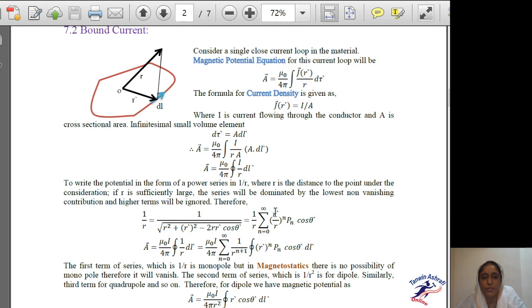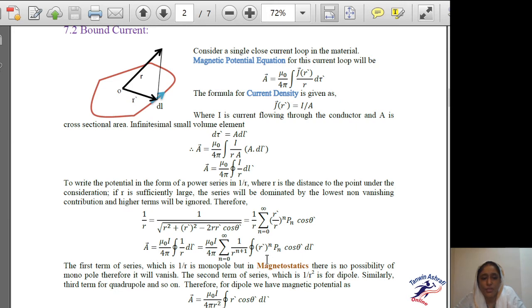How does n plus 1 come? This 1 upon R outside comes inside, and here we have R raised to n, so R raised to n times R, that is R raised to n plus 1. Then the integration over closed path, R prime raised to n, Pn cos theta prime, dl prime.